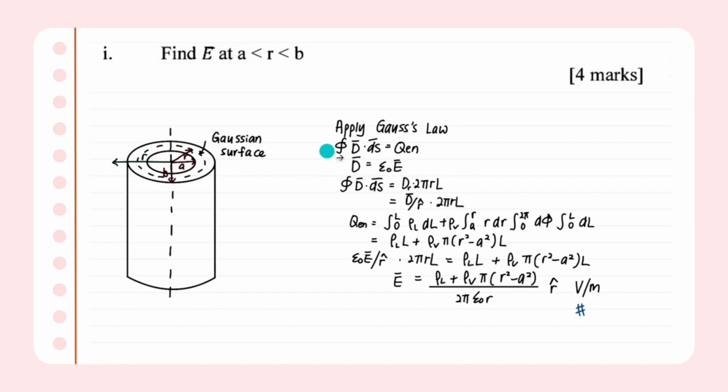So we can say that the integration of D dot dS is equal to epsilon naught vector E over unit vector r times 2πrL, and Q enclosed is equal to ρL times L plus ρV times π times the bracket of R squared minus A squared times L. And after we simplify it, we can find that the electric field is equal to ρL plus ρV times π times the bracket of R squared minus A squared, over 2π epsilon naught R. And the direction of the electric field is the same as the direction of R. And the unit is volts per meter.